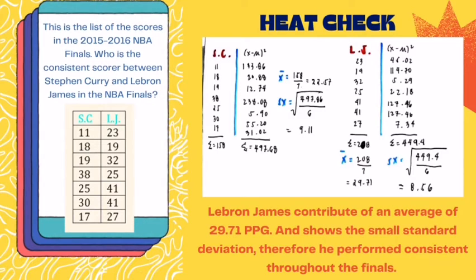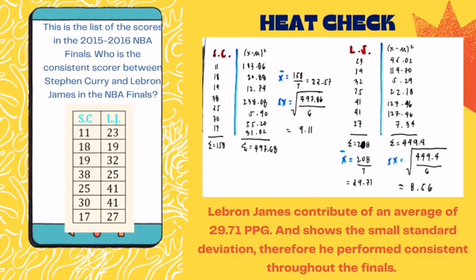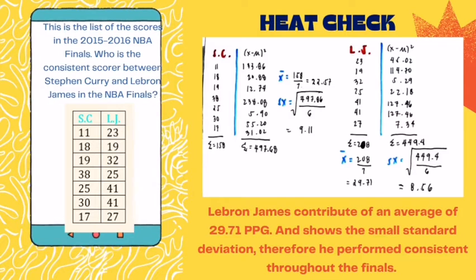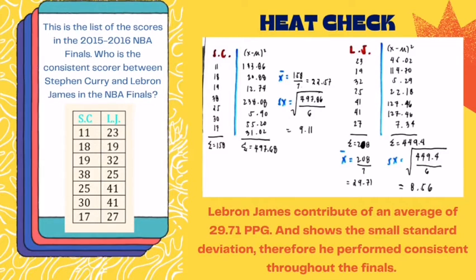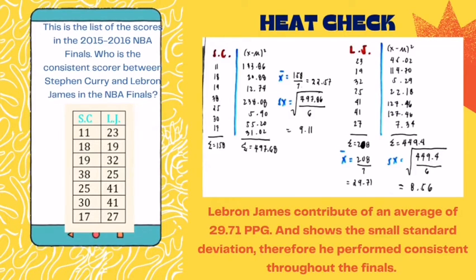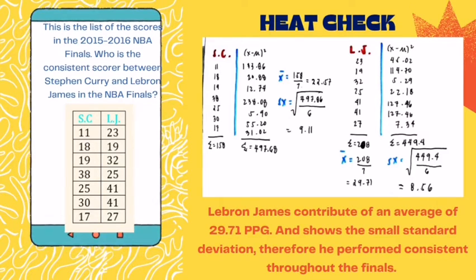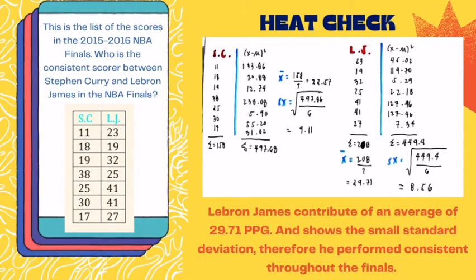The points that LeBron scored total 208, and if we divide it by 7, we get the mean, or points per game (PPG), of 29.71. The summation of x minus mu squared is equal to 449.4. The square root of 449.4 over 6 is equal to 8.56, and that will be the standard deviation for LeBron James.